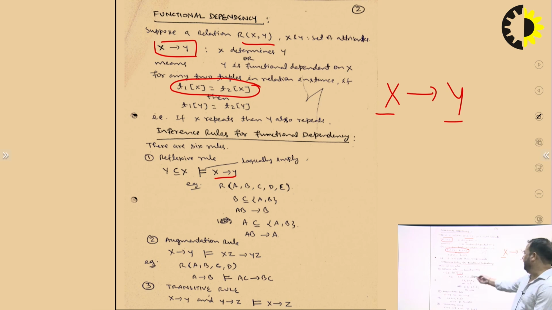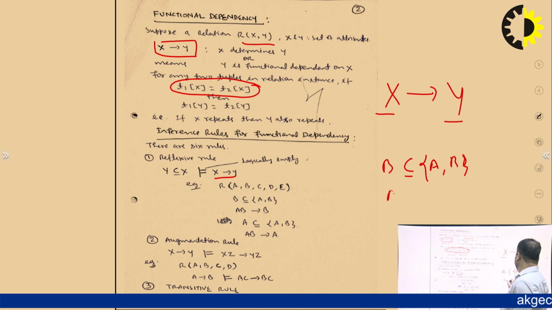For example, if we have attributes a, b, c, d, we can see that b is a subset of ab. So ab determines b, because b is a subset of ab. If the right hand side is a subset of the left hand side, then the left hand side determines the right hand side.